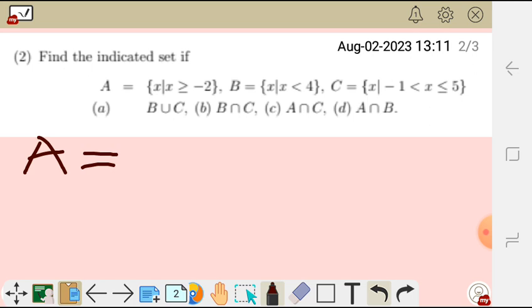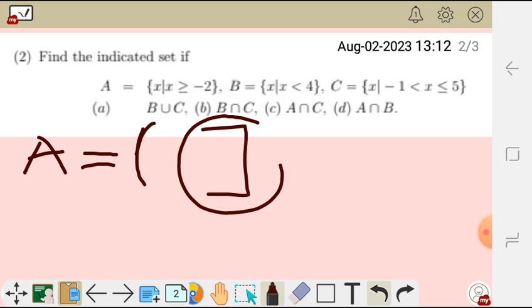Whenever I use a circle bracket, that means the number next to it is not included in that set. If I use a square bracket, that means it is a closed interval, and the number next to the square bracket is also included in that set.